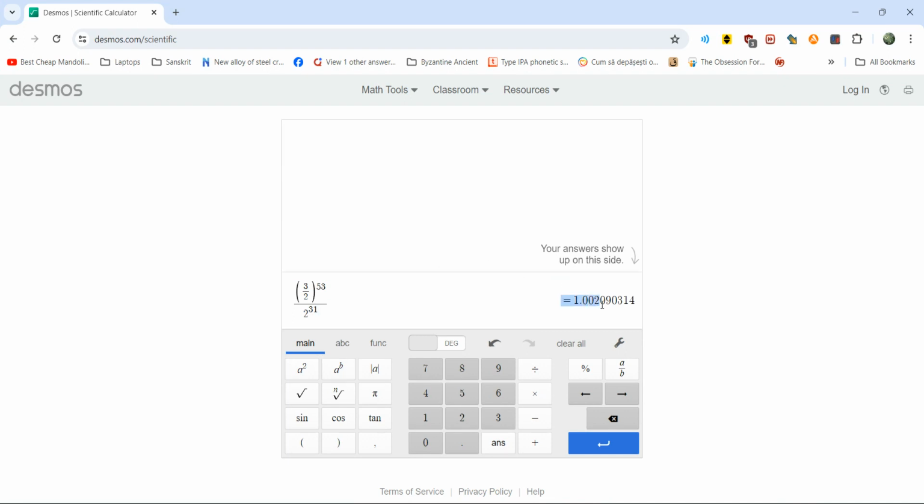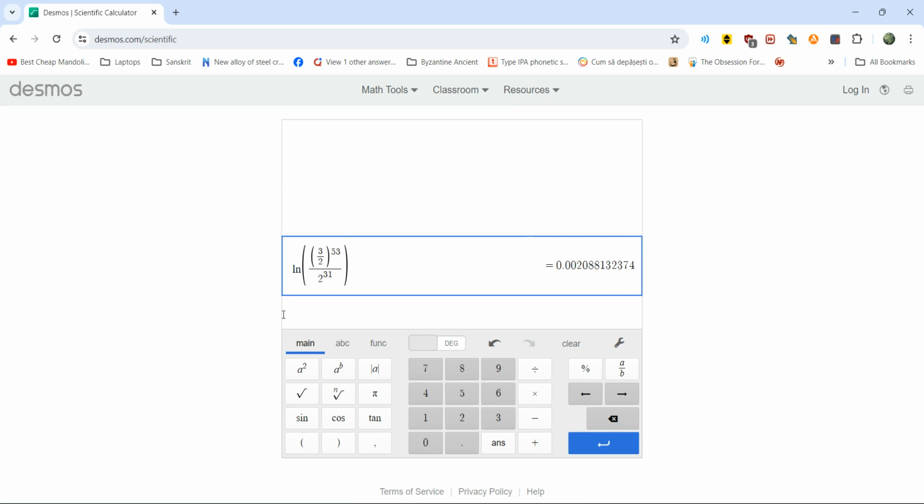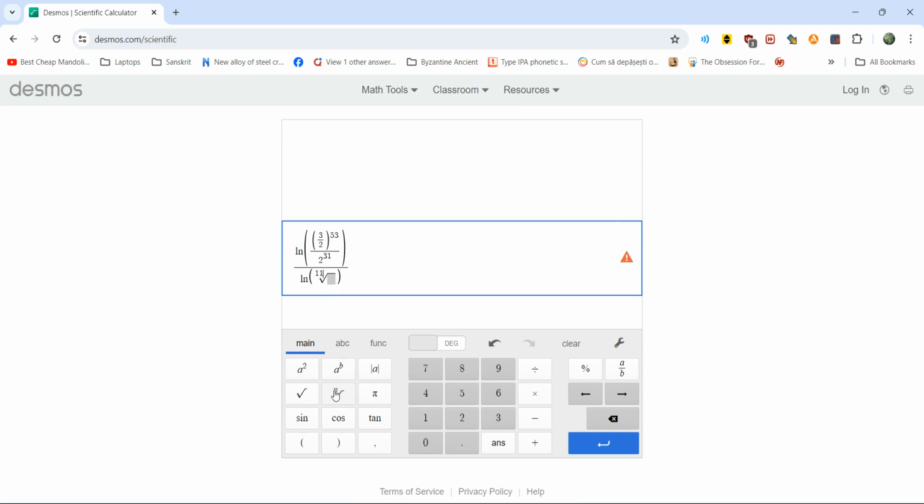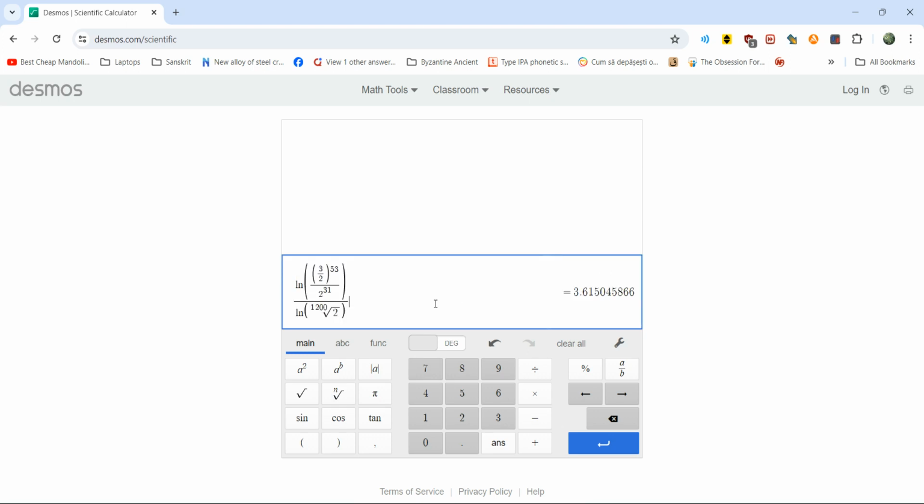So the ratio is almost 1, so they are almost equal basically. The distance in cents will be around 3.6 cents, I think. Yep. So it's a very, very small difference.